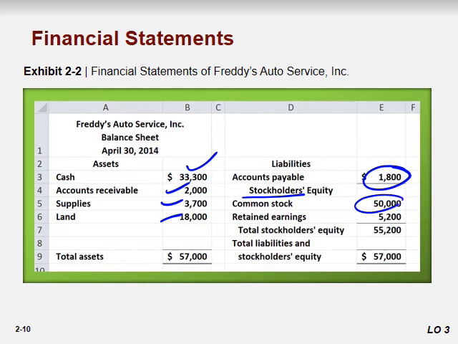Under common stockholder equity, we have 50,000. 5,200 is retained earning. So this is total stockholder equity. This is total liabilities. Answer is 57,000, 57,000 as well, right? So from the accounting equation, we can also develop our three financial statements. One is the income statement, then the statement of retained earnings, and then the balance sheet. The next one would be the cash flow statement as well.